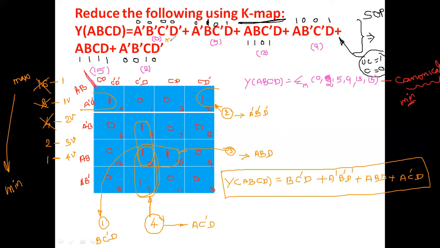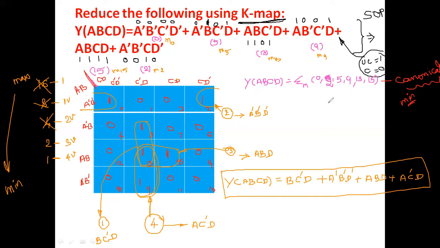In some authors it may be directly in minterm form: m0, this is m5, this is m13, it is also correct. Then this is m9, this is m15, and this is m2. These are all the minterm representation.